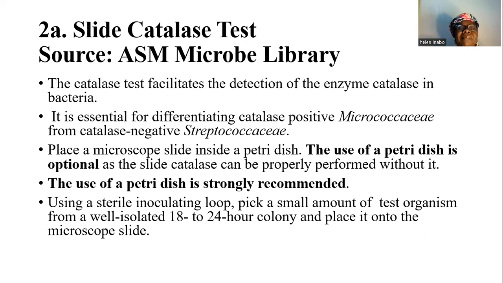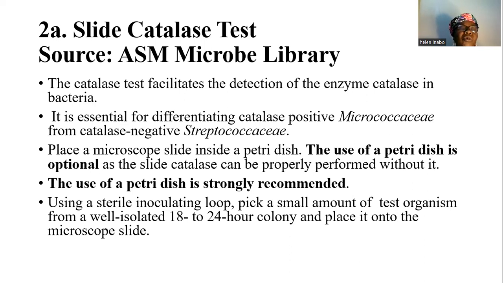Catalase is an enzyme which is present in all human cells, plant cells, animal cells, microbial cells, except Streptococcus species. This test is essential for differentiating catalase positive Micrococcaceae from the catalase negative Streptococcaceae.